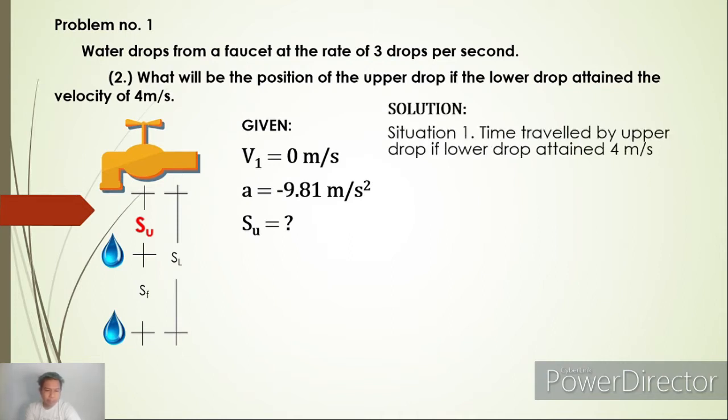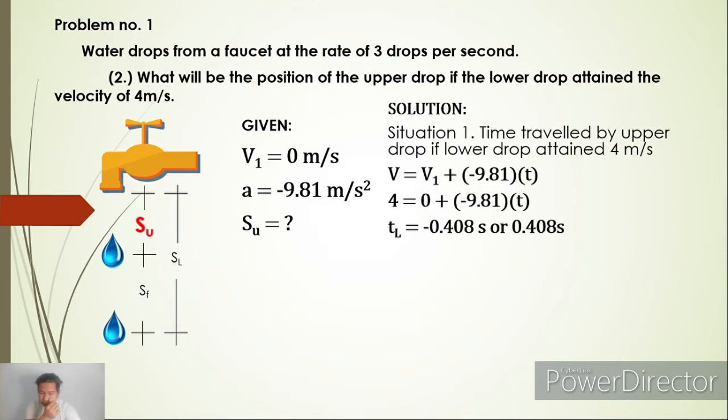So, balik tayo dun sa figure natin. Dito sa figure natin, meron tayong dalawang situation. Wherein situation 1 is the time traveled by the upper drop if the lower drop attained 4 meters per second. So, kung na-attain daw ni lower drop yung velocity na 4 meters per second, ano daw yung magiging time ni upper drop?